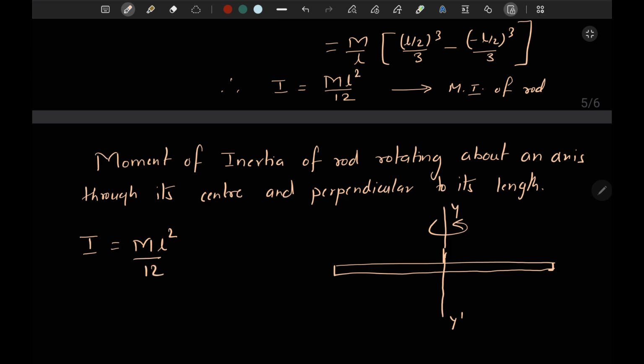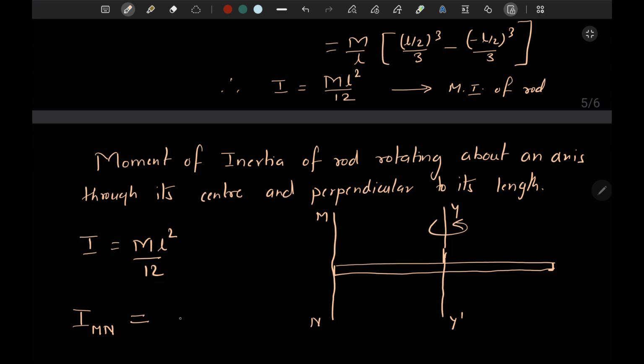But if the axis is shifted to the end over here, if the axis is shifted to another point MN, then what will be the moment of inertia? In this case, to calculate the moment of inertia of the rod for the axis MN, we will use the theorem of parallel axis.